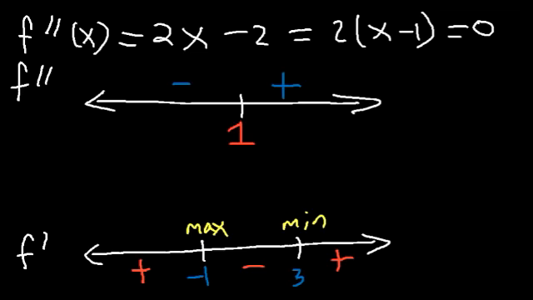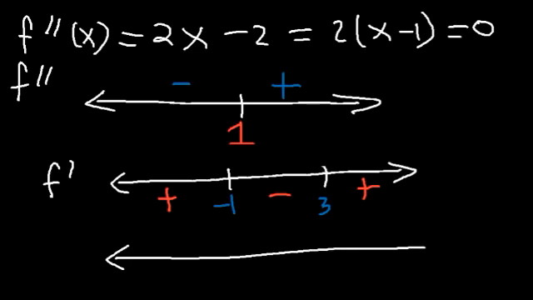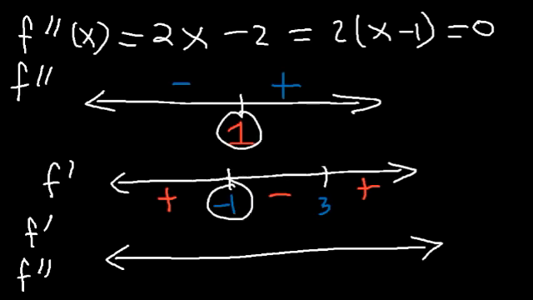What we need to do at this point is combine the two number lines into a single number line. So let's go ahead and do that. On top, I'm going to put the signs for the first derivative, and on the bottom, the signs for the second derivative. So the points of interest are -1, 1, and 3.